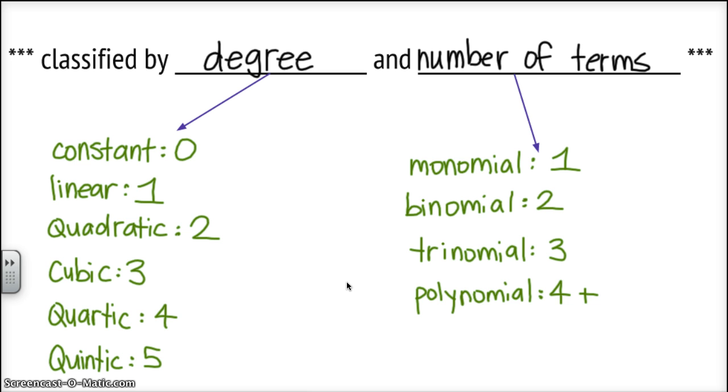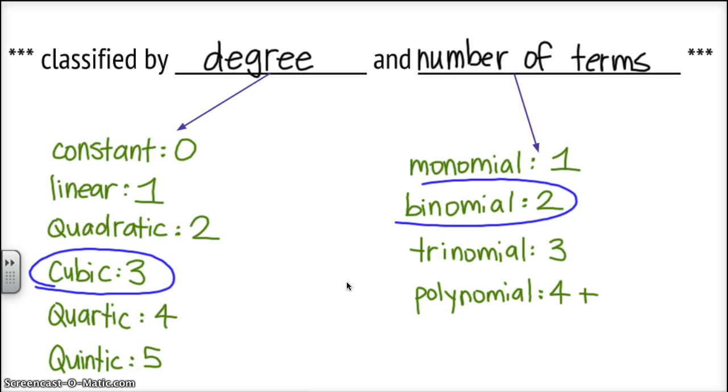So I'm just going to give you a quick example. Let's say I wanted to write a cubic binomial. Well, for an example of a cubic binomial, I for sure need to have an x to the 3rd term, and I'm going to make it 6x to the 3rd. Then, because it's cubic, my highest degree monomial has to be that 3.